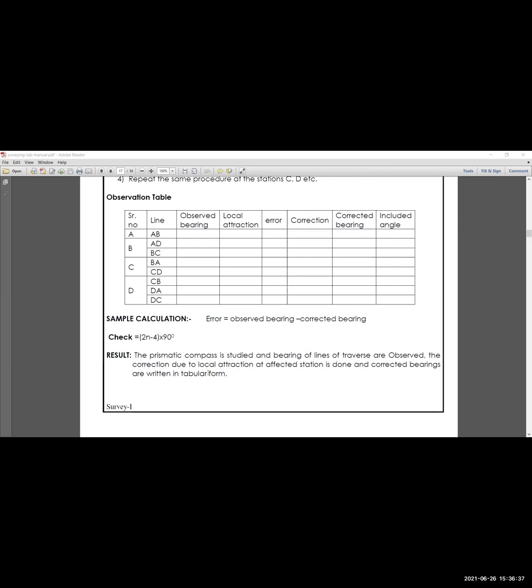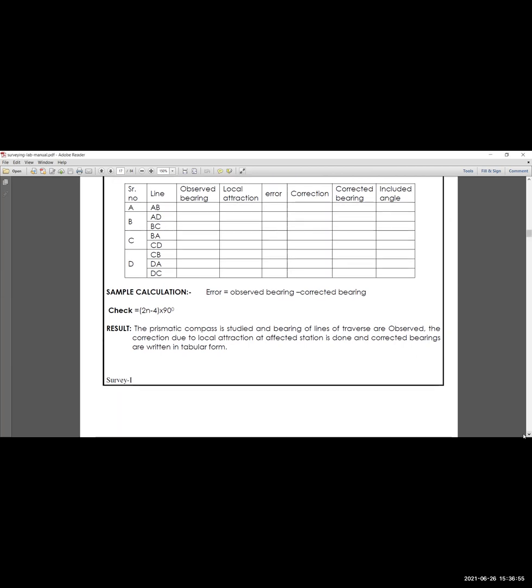As a result, the prismatic compass is studied and the bearings of the lines of the traverse are observed. The correction due to local attraction at the affected station is done and the corrected bearings are written in this tabular form.